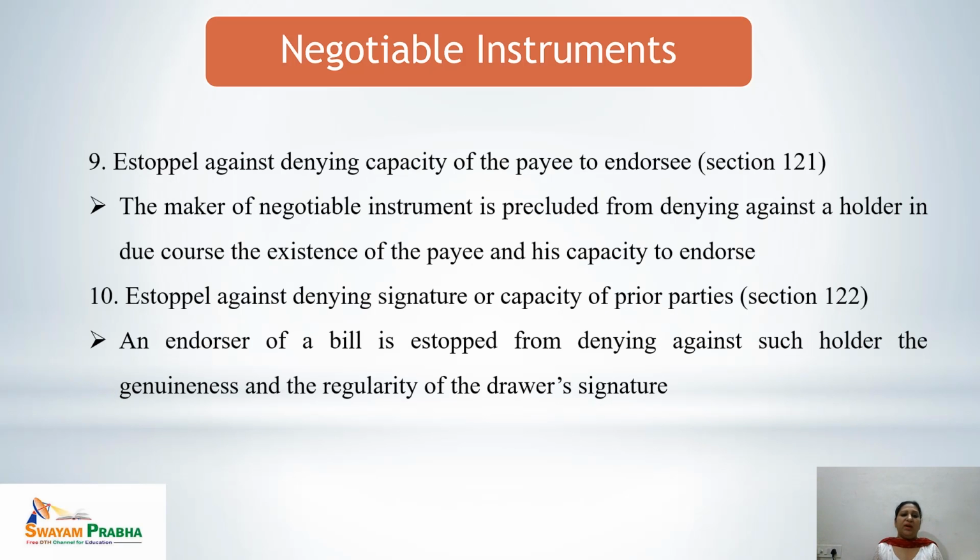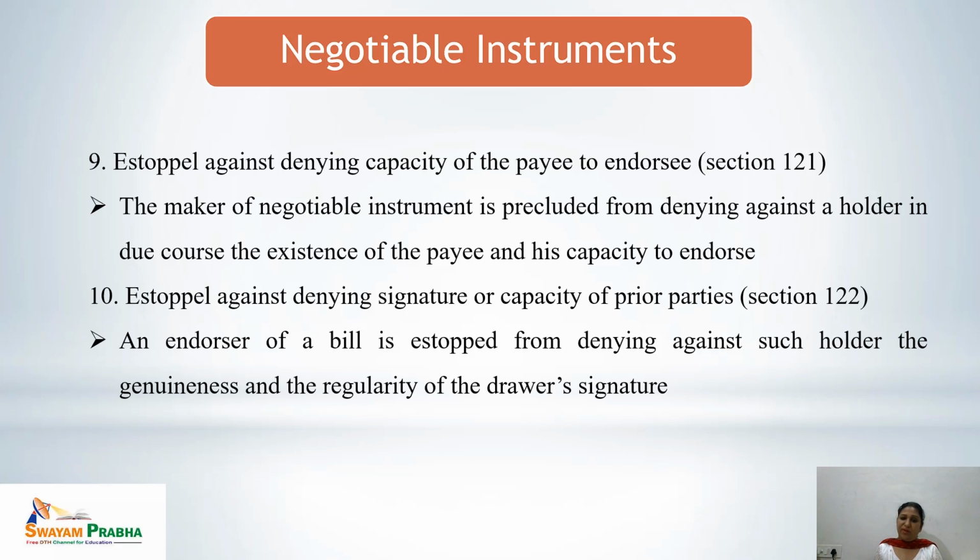Next is estoppel against denying capacity of the payee to endorse. It is covered by section 121. The maker of a negotiable instrument is precluded from denying against a holder in due course the existence of the payee and his capacity to endorse.